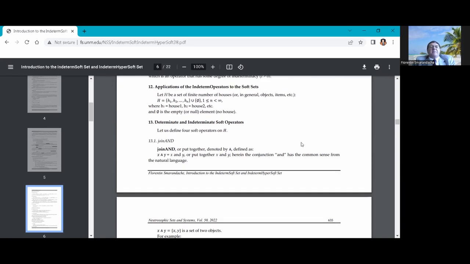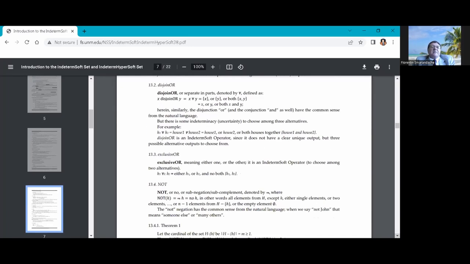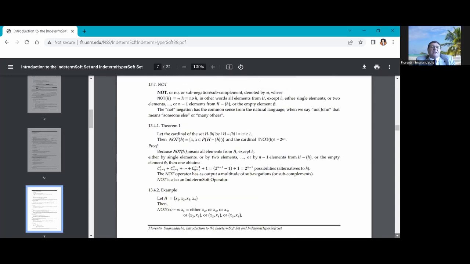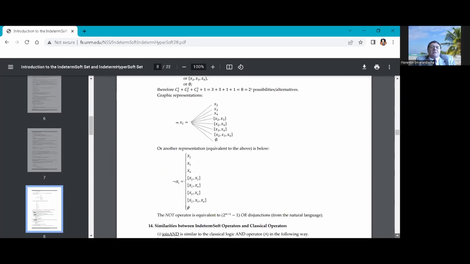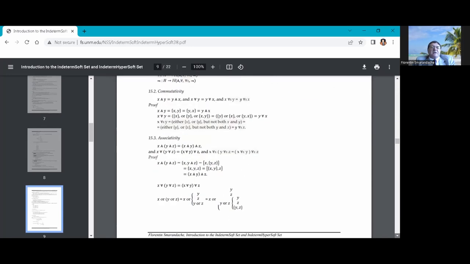So examples of indeterminate operators. So the operators are not clear. We are not sure how to find them.